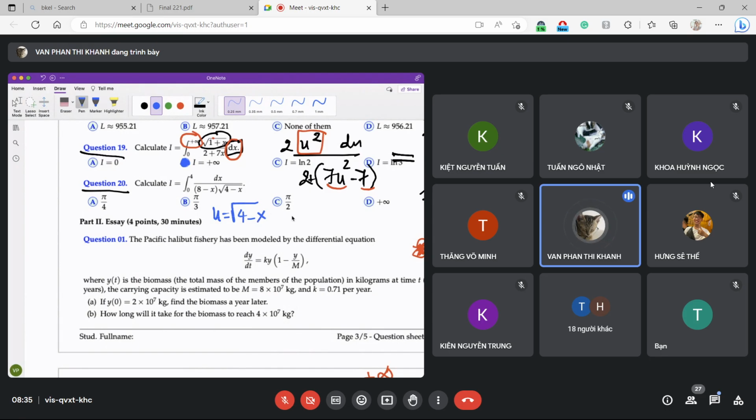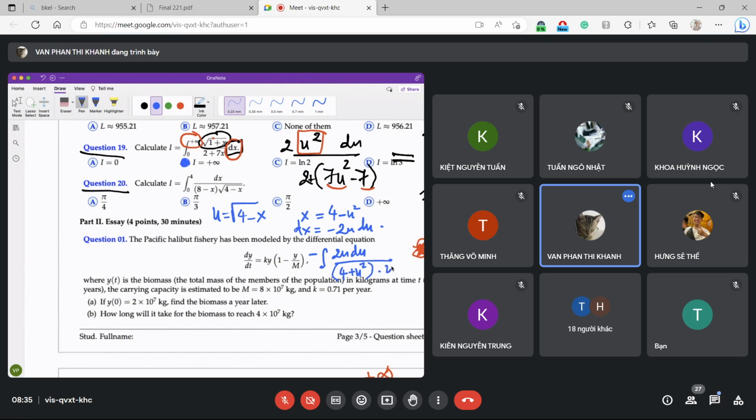So x will be 4 minus u squared, so dx will be minus 2u du. So our integral becomes what? Minus 2u du over 8 minus x. 8 minus x will be 4 plus u squared, times the square root.